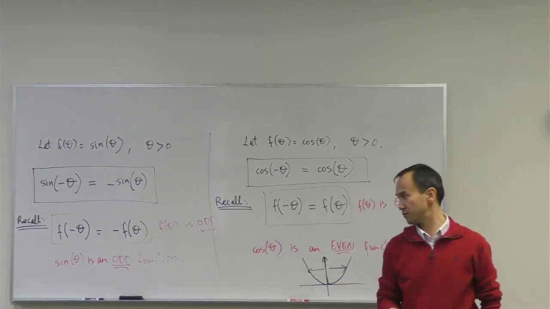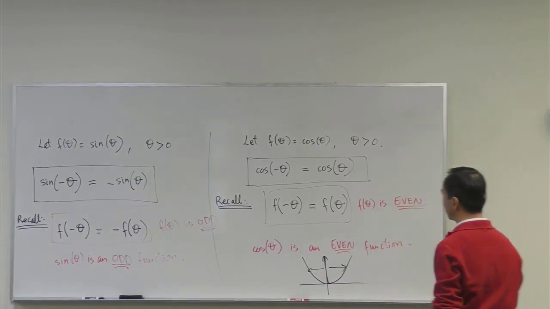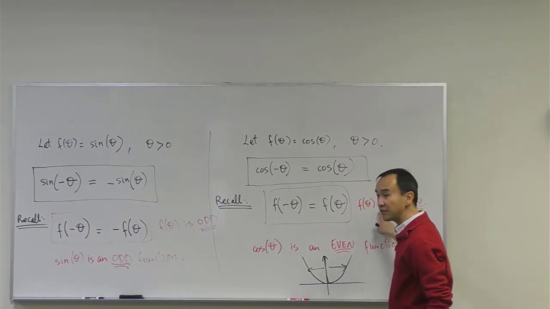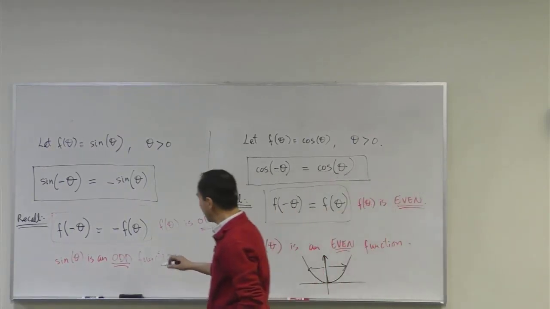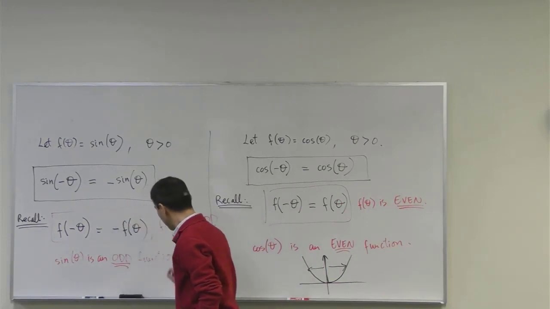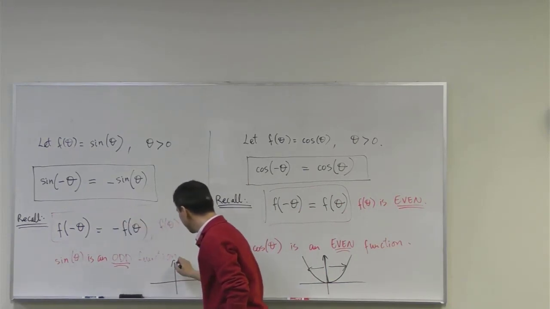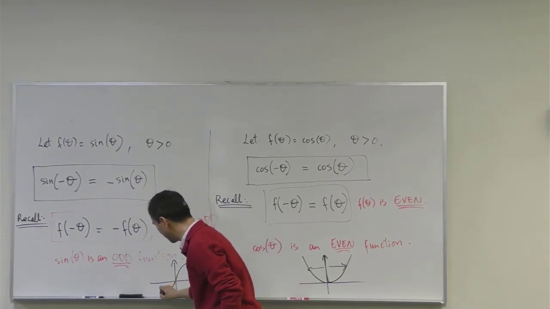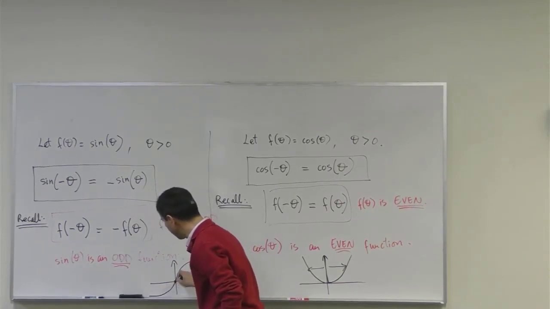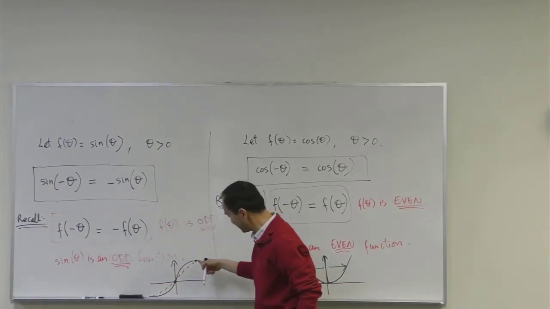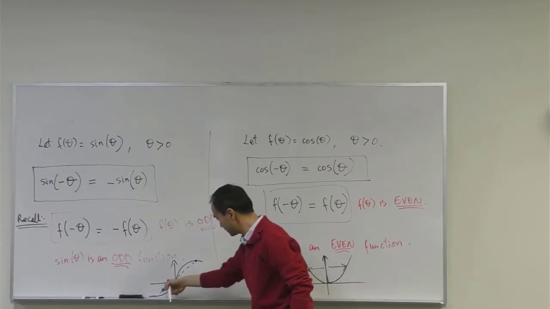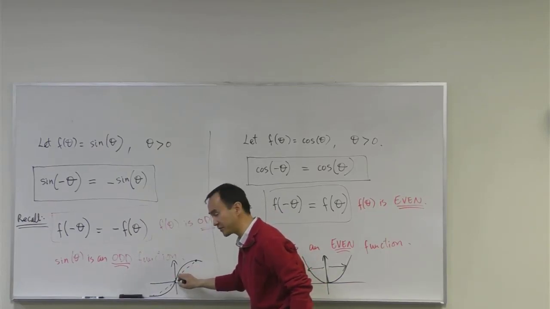That's the graphical property of an even function, in general. For the graph of an odd function, say you've got a piece here, then you're going to have a symmetric piece, but only symmetric through the origin. So for an odd function, the graph is symmetric through the origin.